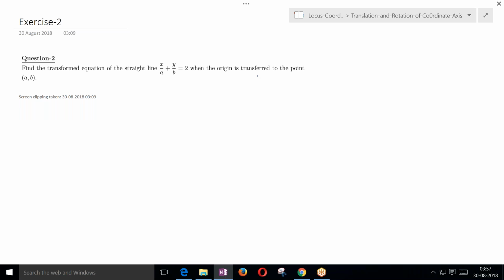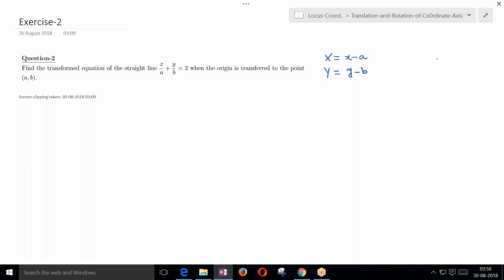So what is our fundamental understanding? If the new coordinate system is capital X and capital Y, so what is capital X? Capital X is equal to lowercase x minus h. Here h is a. And capital Y is equal to y minus b.